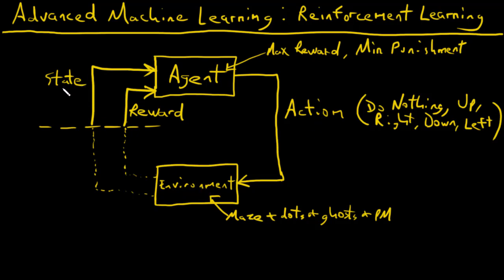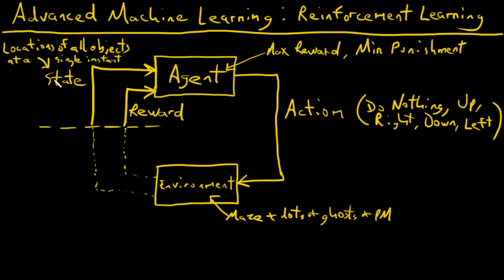So if I'm talking about the state inside of Pac-Man, it is the location at an instant in time of everything inside the environment. So the state, this is the location of all objects at a single instant.